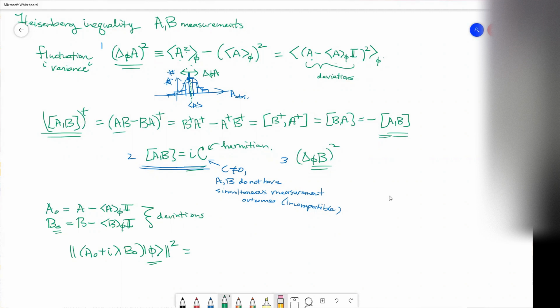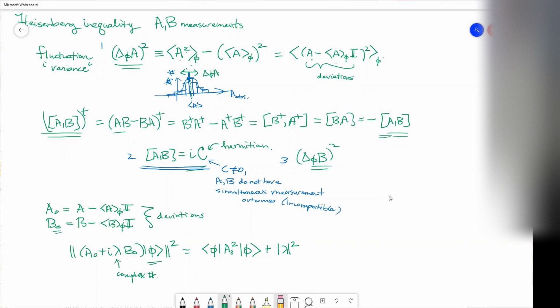Well, there's going to be a phi A naught squared phi piece. That's one of the terms. There's going to be a magnitude of lambda squared, and again, this is just some complex number. Remember, just like we did when we were proving various things like Cauchy-Schwarz.